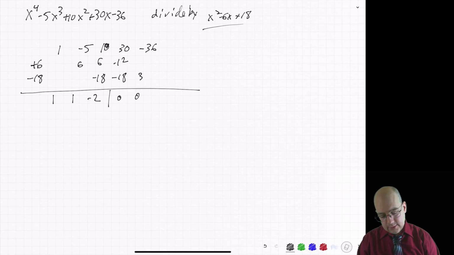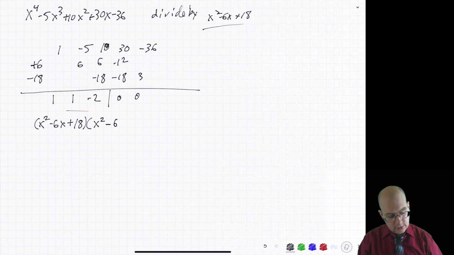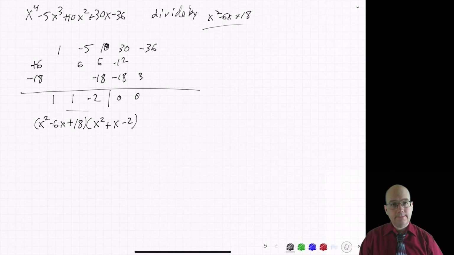All right, and so what do we have? We have our polynomial factors as x squared minus 6x plus 18 times, so 3 terms here, x squared plus x minus 2, right? Now, I can try and factor this one.